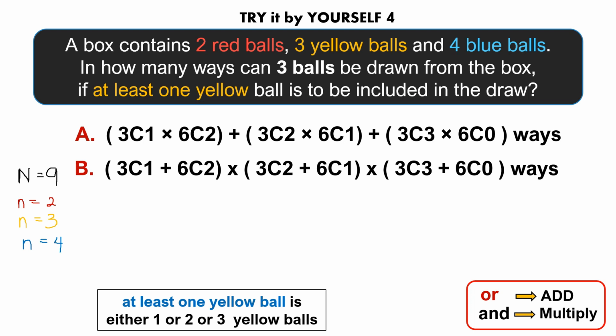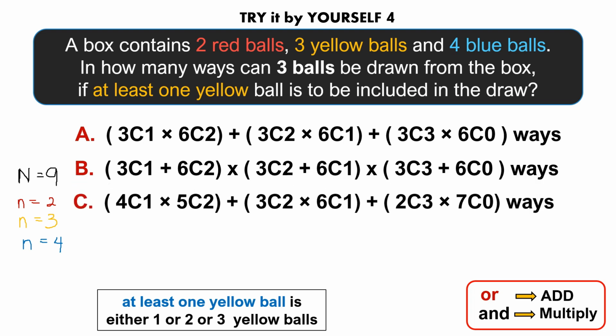For letter C, quantity 4 choose 1 times 5 choose 2 plus quantity 3 choose 2 times 6 choose 1 plus quantity 2 choose 3 times 7 choose 0 ways.